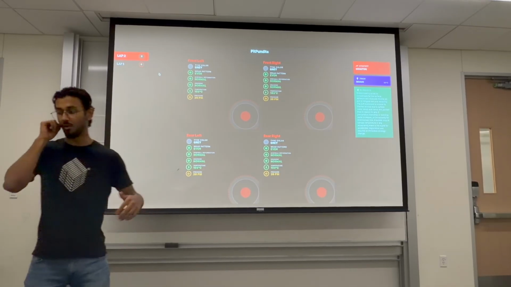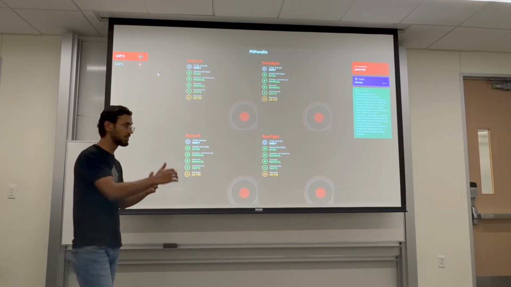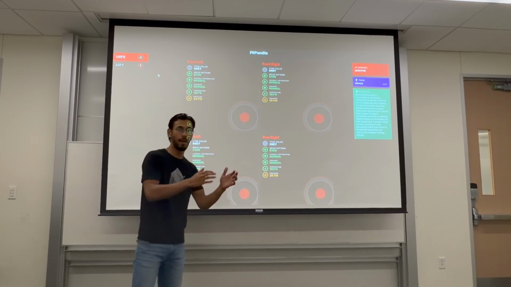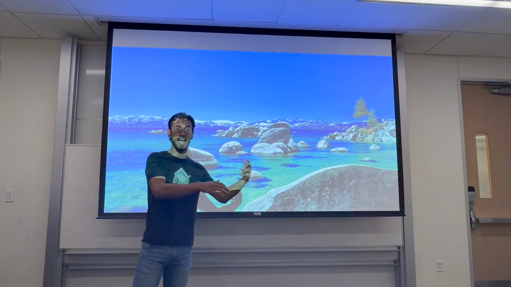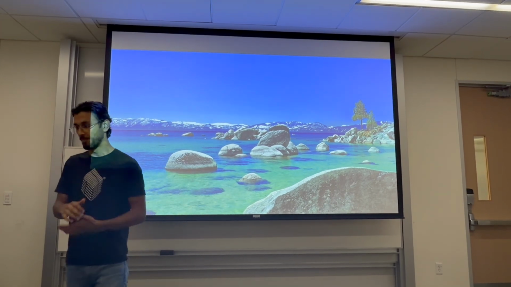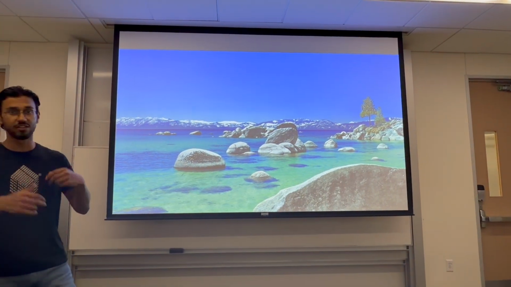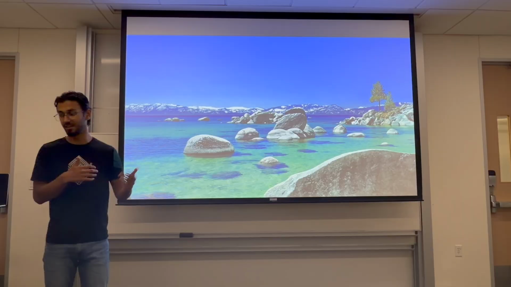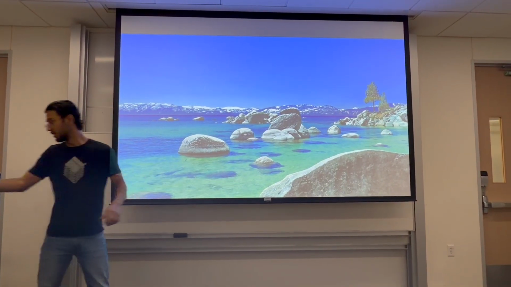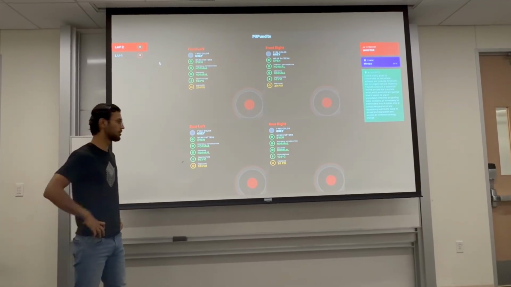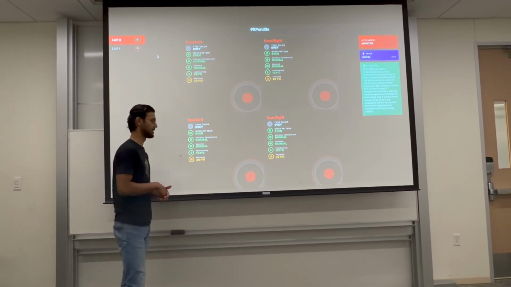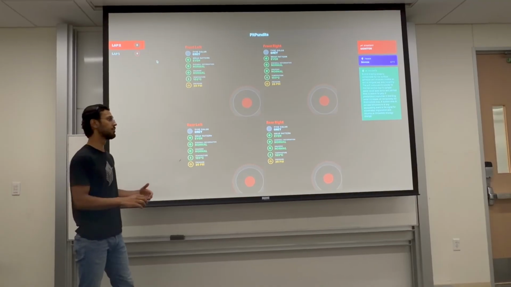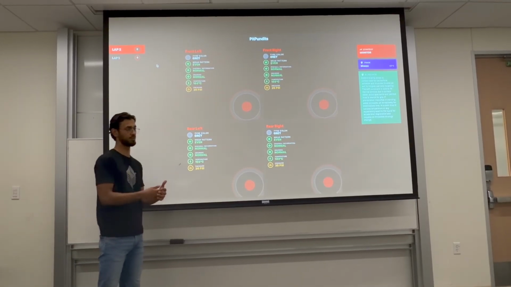Something else is what the wear pattern looks like on the tire. If the wear pattern is very centered around, we can tell that the tire has a lot of high pressure. If the tire is graining a lot, then we can tell that the tire is too cold. Also, just by looking at the graining of the tire from Gemini's computer vision capabilities, we can also accurately predict the temperature of the tire.